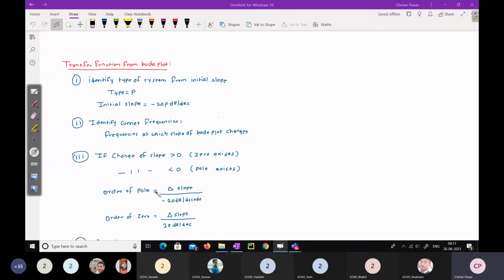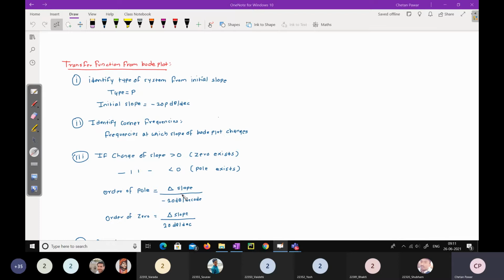If you want to find out the order of the pole or the order of the zero at that corner frequency, you just need to check the change in slope divided by minus 20 dB per decade. As we know, one finite pole results in a minus 20 dB per decade change in slope in the magnitude spectrum.